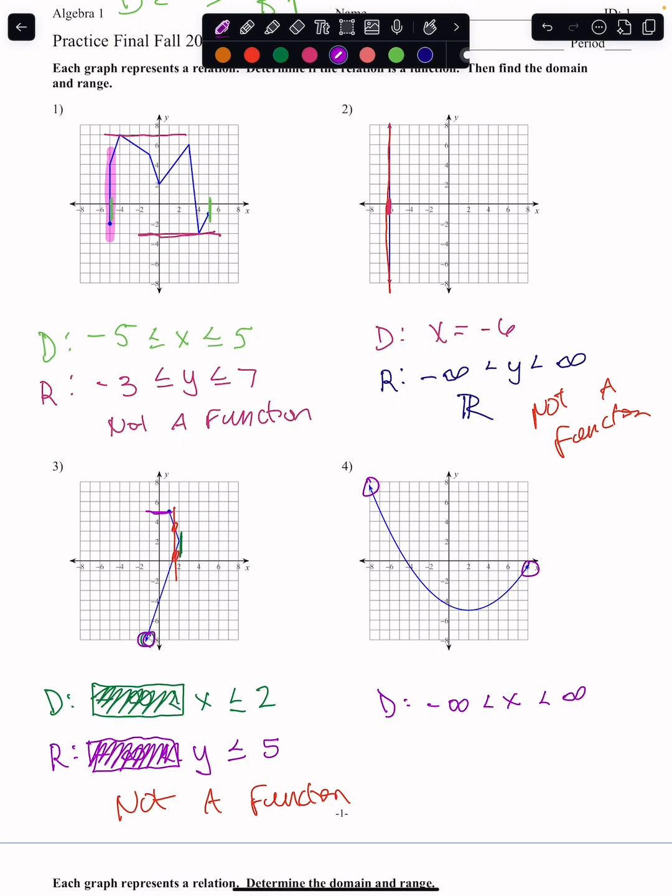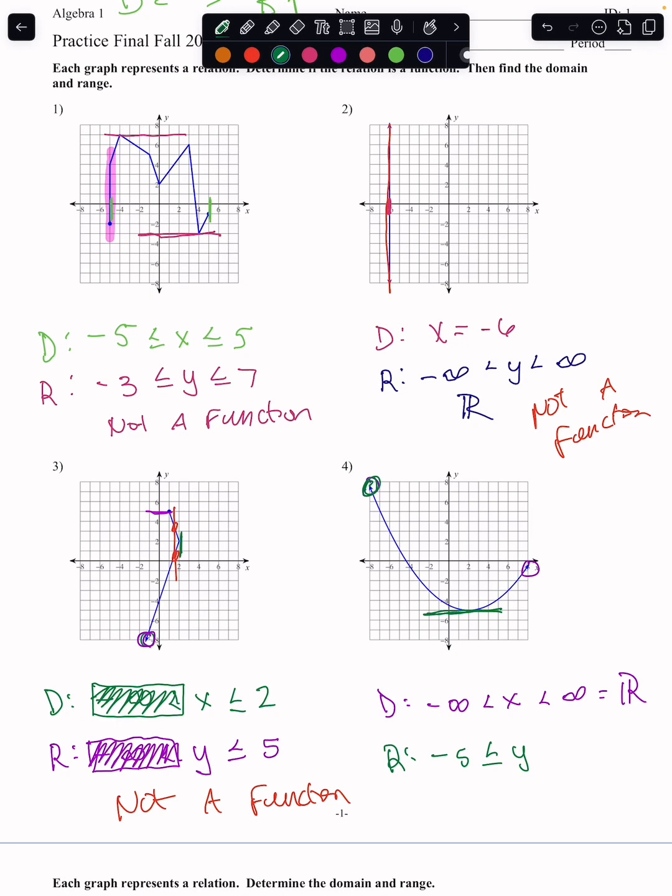Okay? And then the lowest point for the range is -5. That's a closed Y. And then the highest point looks like it's this, but it's an arrow there. So that means we have to go to infinity, right?